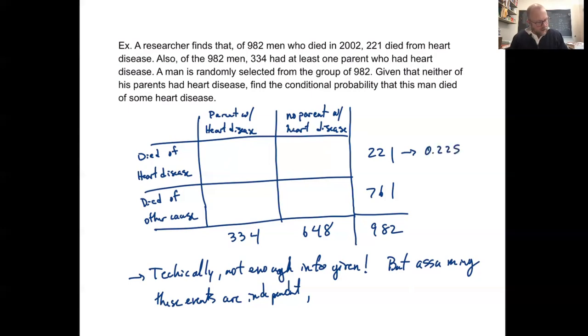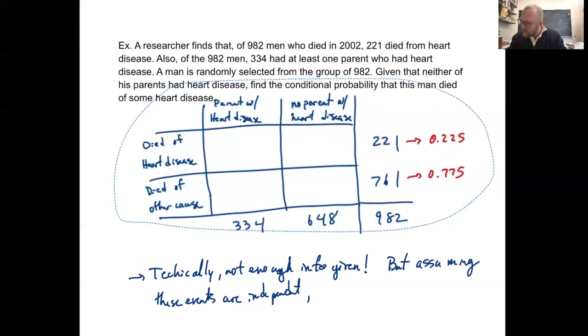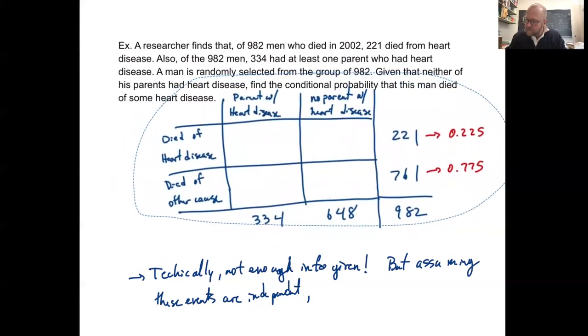And that means the other part would be about 0.775, right? And maybe I'm going to mark this part in red because I'm doing something kind of dangerous here with my assumptions. And then I'm going to grab all this and push it upward a little bit there.